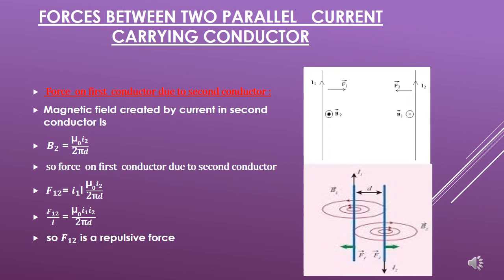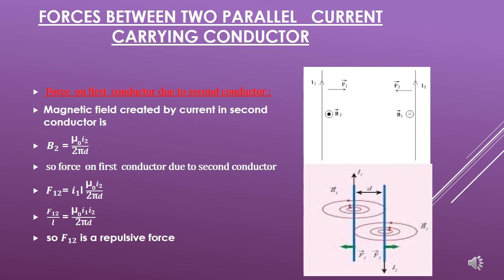Now we have to calculate the force on conductor 1 by conductor 2. According to Newton's third law, every action has an equal and opposite reaction. So this force should be the same as F21, but we can verify it. Conductor 1 is lying in a magnetic field created by conductor 2. So how much is the magnetic field of conductor 2?